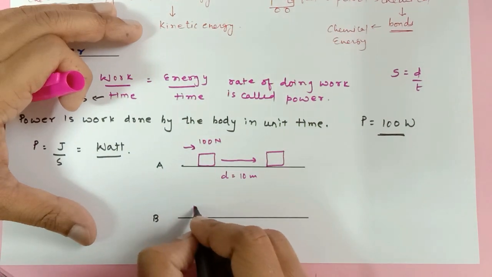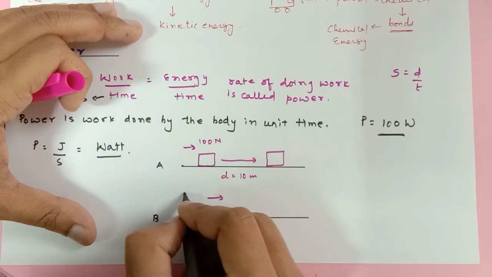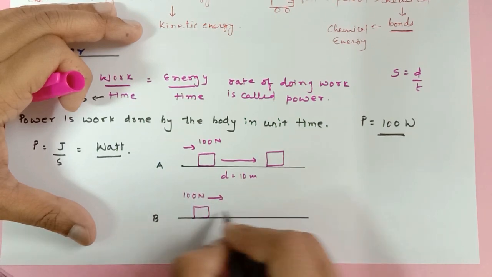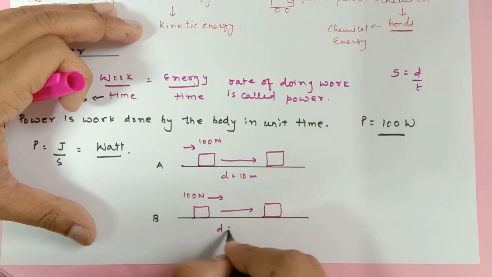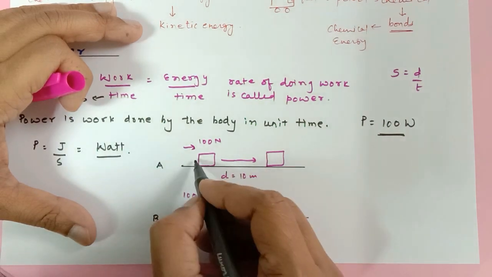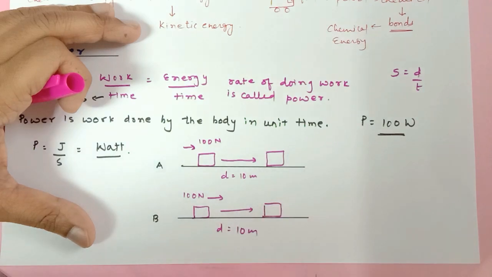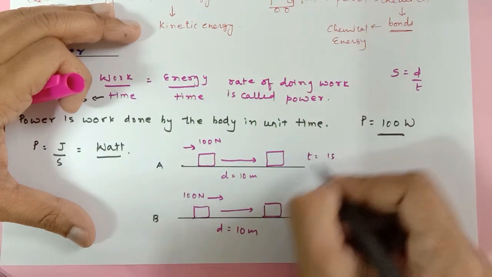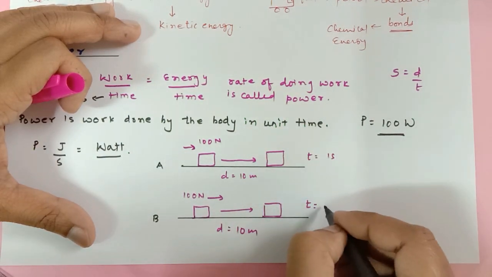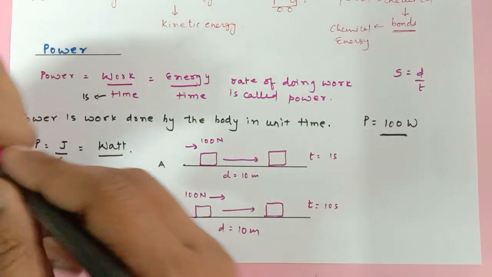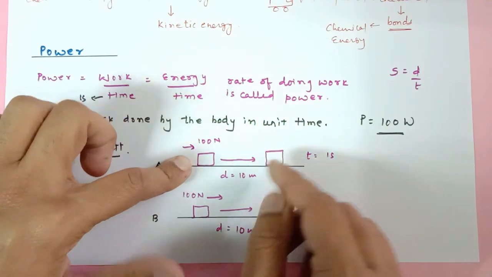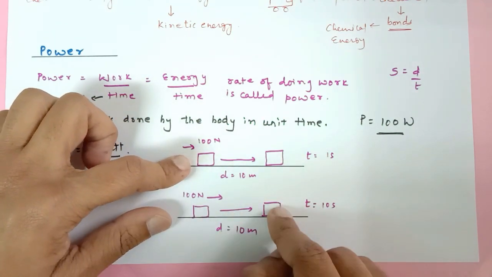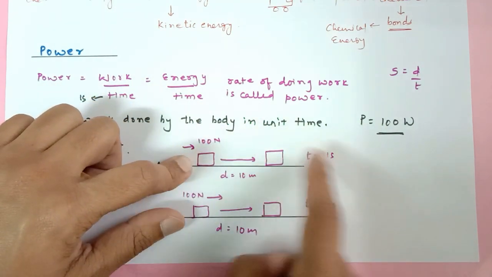Here the same block, exerted by the same amount of force, reaches the same distance. But this block completes the journey in say 1 second. This one takes 10 seconds, correct? Due to high friction over here, it may be taking a lesser amount of time.